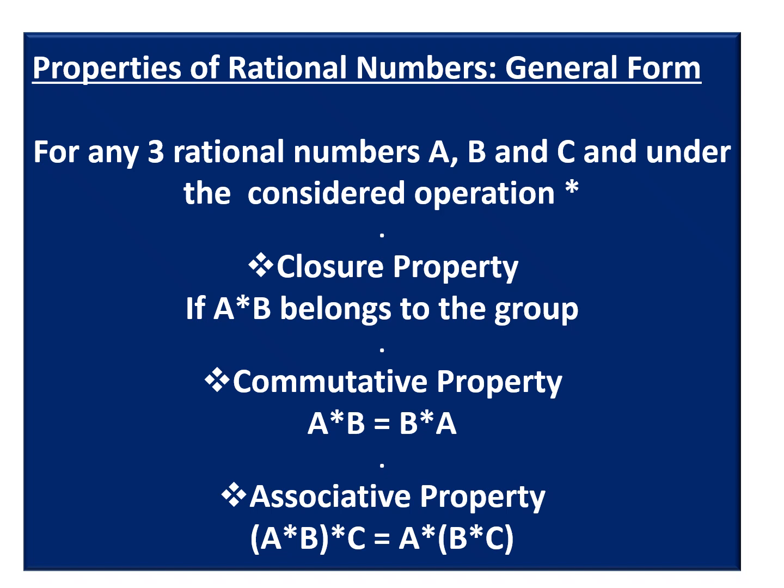So moving on to the commutative property, we consider any two rational numbers randomly chosen from the set. A star B, under the operation considered, in the sense if it is plus, A plus B, or if it is multiplication, A into B, likewise. So A plus B or A star B should be equal to B star A. Then we say that the commutative property holds good.